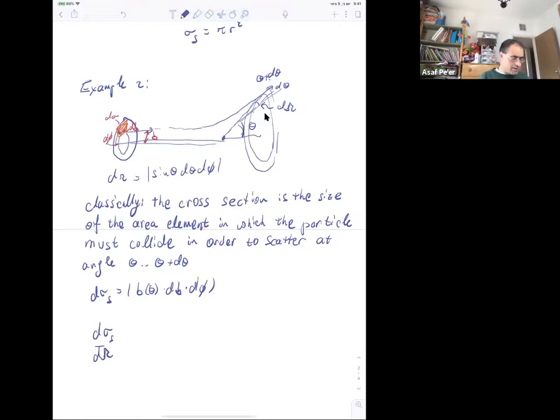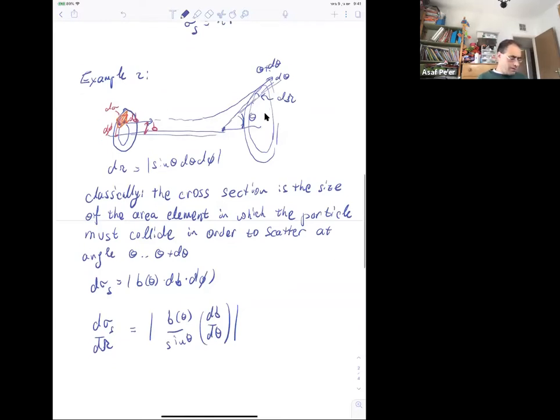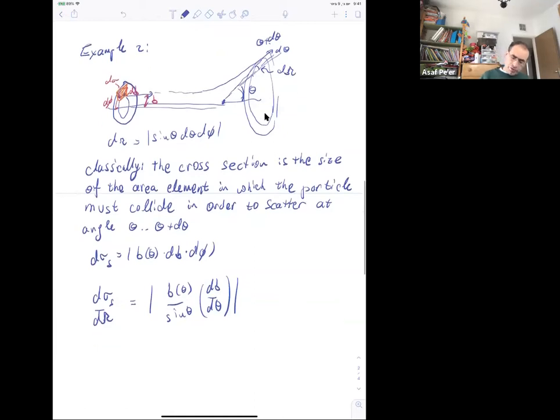I'm not really dividing; it's just a quick way of showing it, although it's a bit rough. It's b of theta over sine theta, and then db over d theta. Just to give you a feeling. So we just need to use some classical physics to find out what b of theta is. Once b of theta is known, we can put it into the equation and find d sigma over d omega, which is of course called the differential cross section.